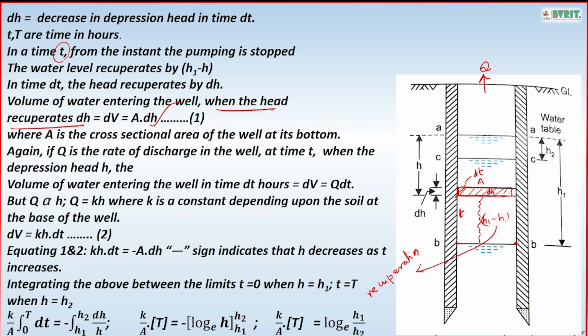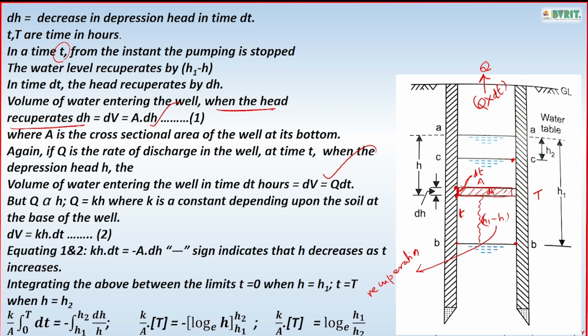From BB to CC, it took capital T. But for this strip itself, the time is dt. So if Q is the discharge coming out, what is the volume of water that is coming out? The volume of water that comes out of the well is equal to Q, in meter cube per second, into dt seconds. That is the second equation.